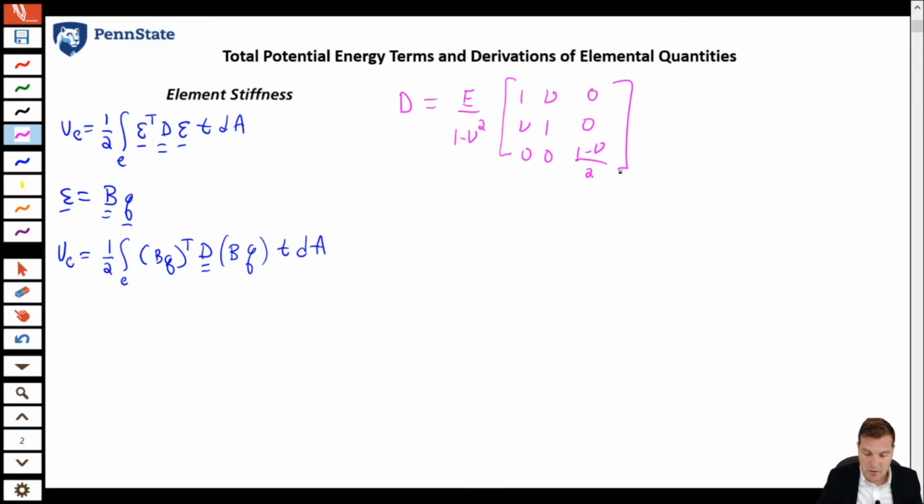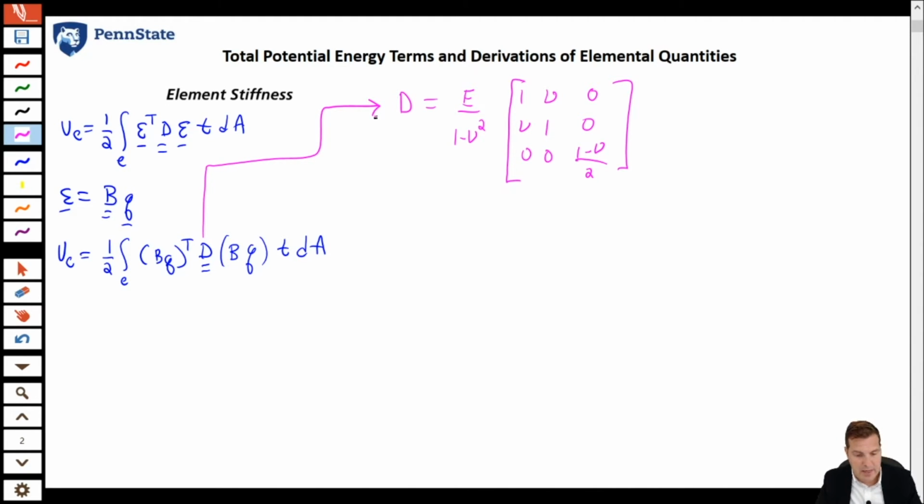It's kind of sloppy, but we have that as our D matrix. Remember, that was a 6 by 6 symmetric tensor, but now for plane stress it simplifies to 3 by 3, if you remember that discussion on plane stress and plane strain near the beginning of the course. So we have our D matrix here.